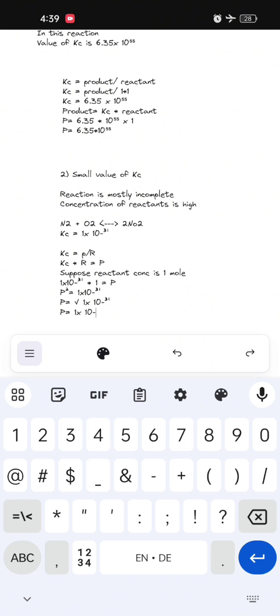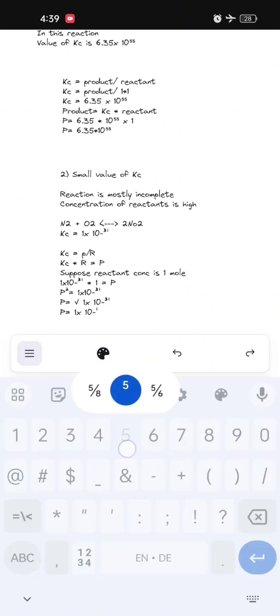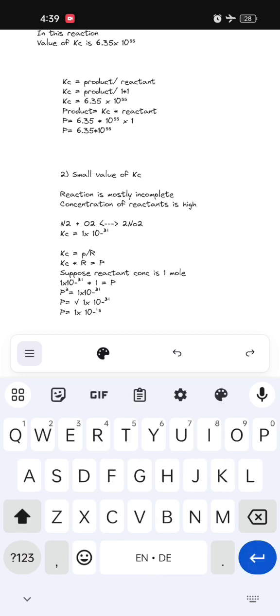So if we solve the radical, P is equal to 1 into 10^-15. So here the concentration of product we got is 1 into 10^-15. The concentration of product is very small. So this is a very small value, and the value of Kc is 1 into 10^-31, which is also very small.